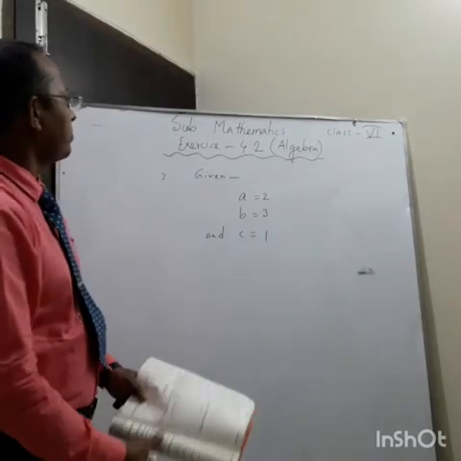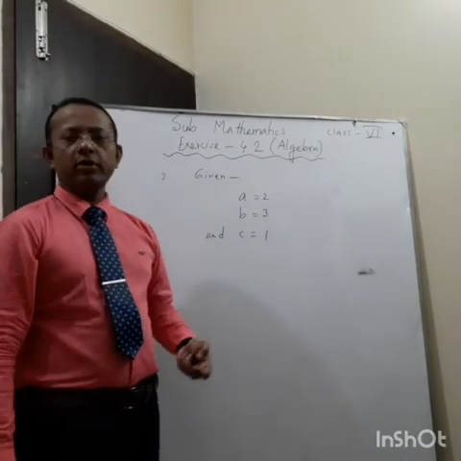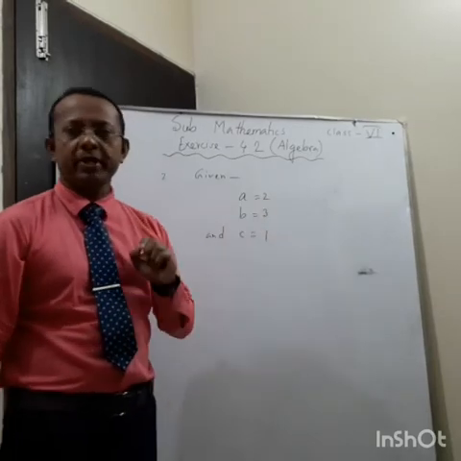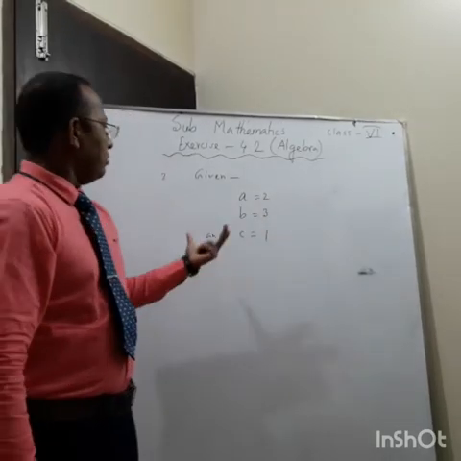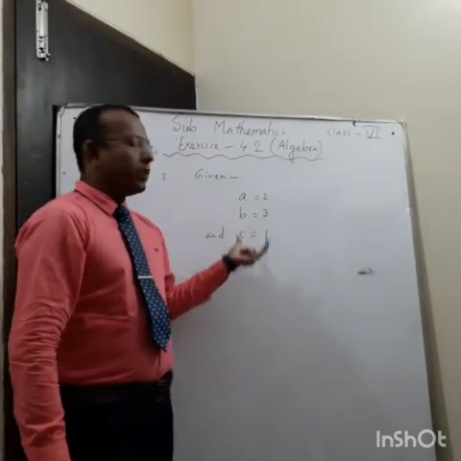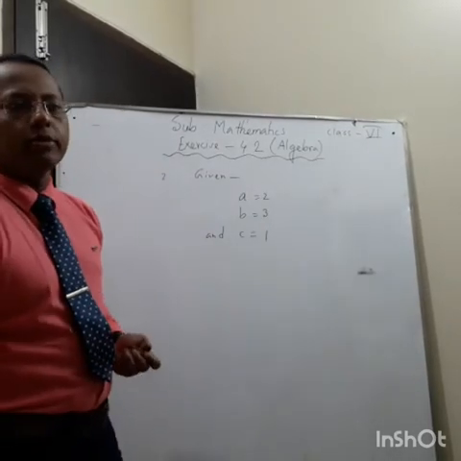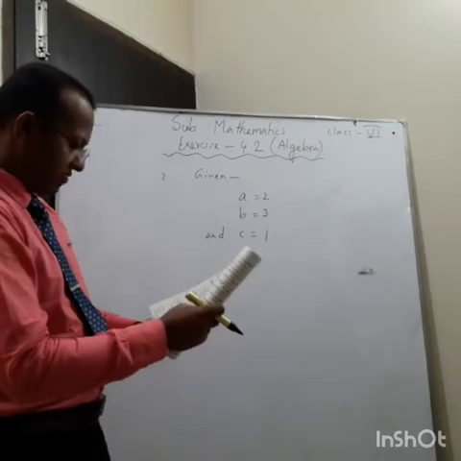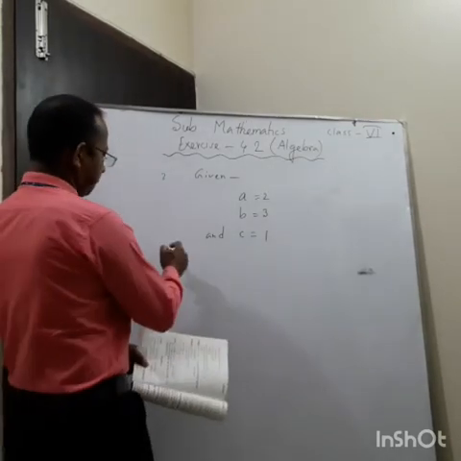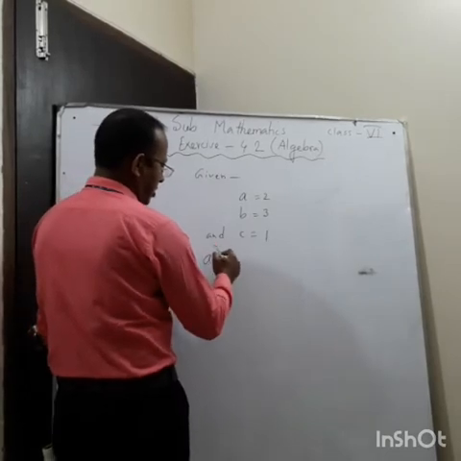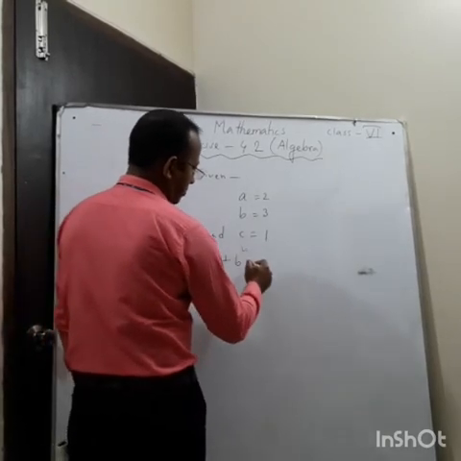In chapter 4.2, in number 2, there are values of a, b and c, which are 2, 3 and 1 respectively. Now, using these values, we determine the values of some algebraic expressions. The first one is number 1, a cube plus b square.